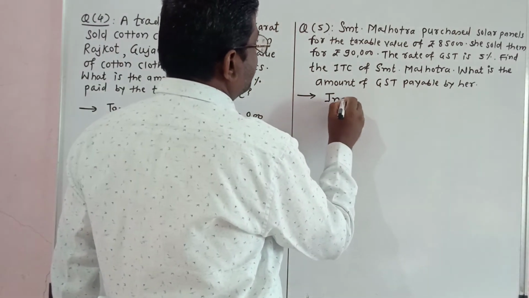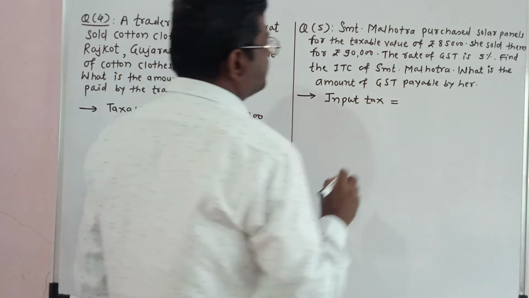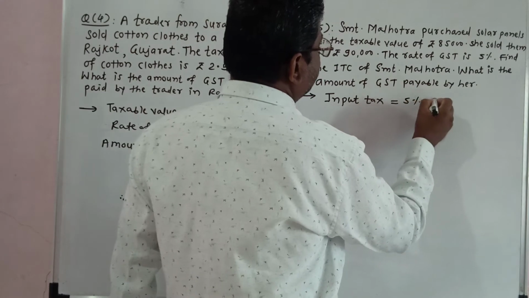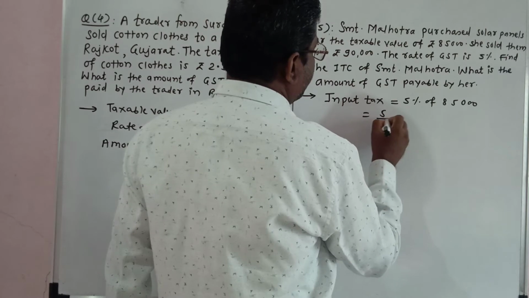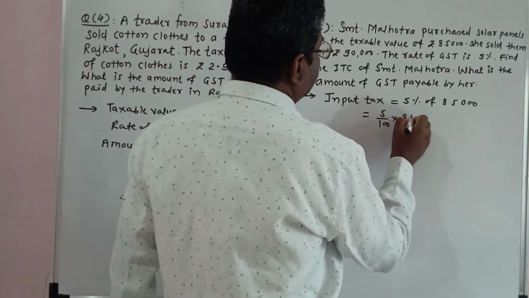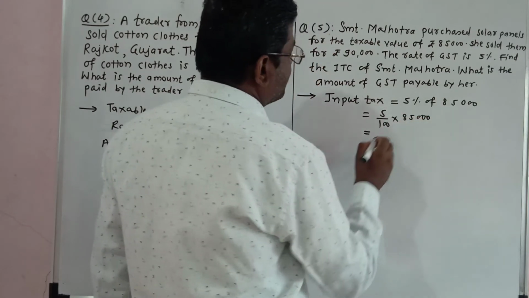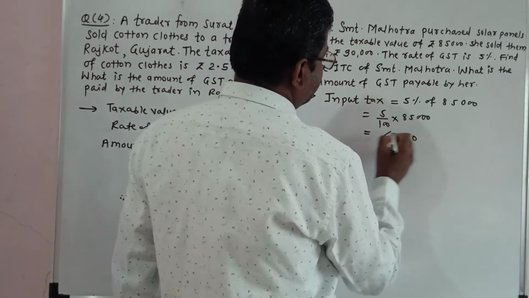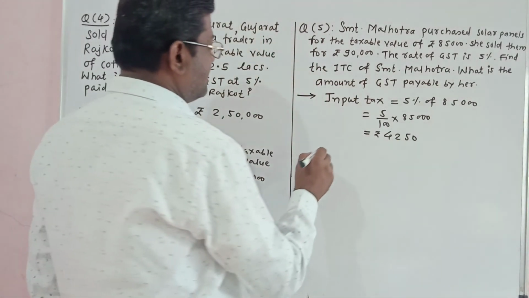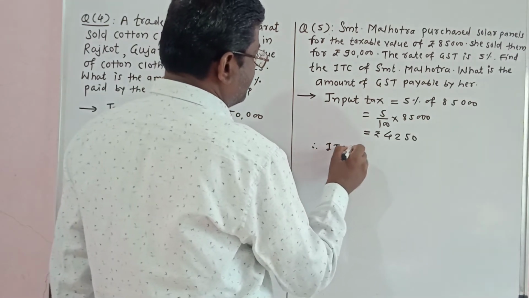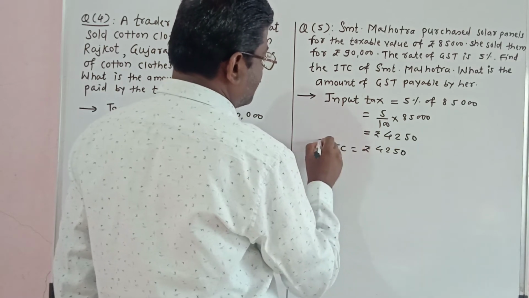Therefore, we write here input tax is equal to 5% of 85,000, which is 5 upon 100 into 85,000, equal to rupees 4,250. Therefore, here ITC is equal to rupees 4,250.